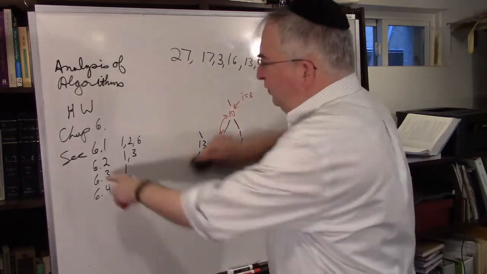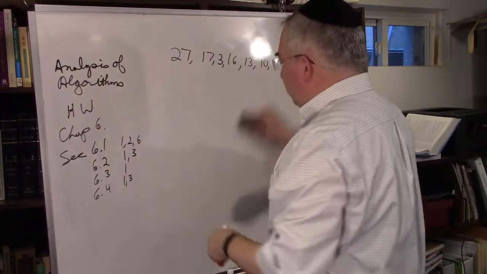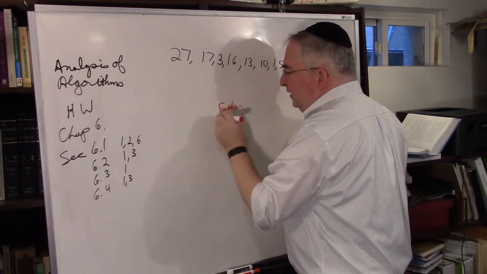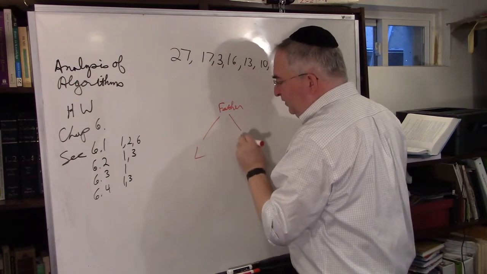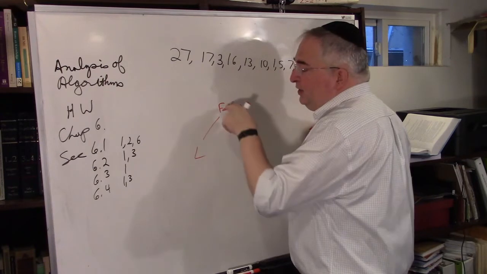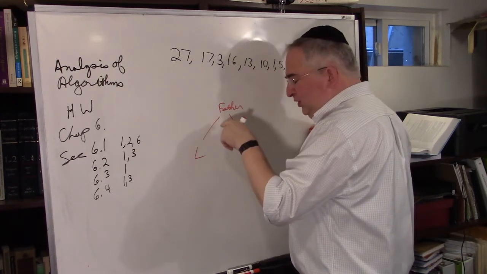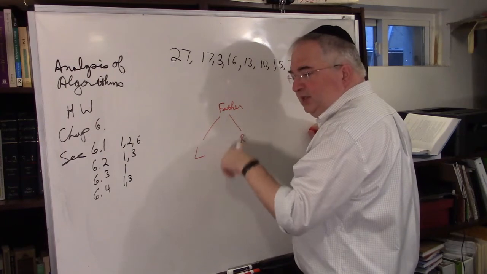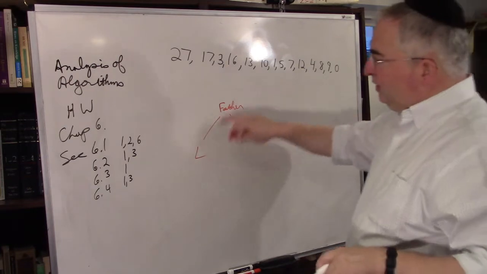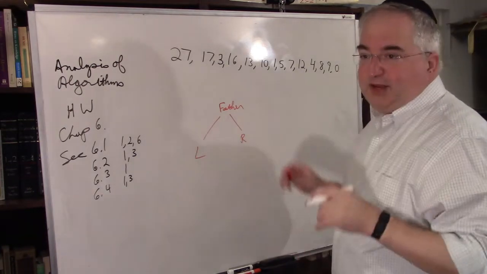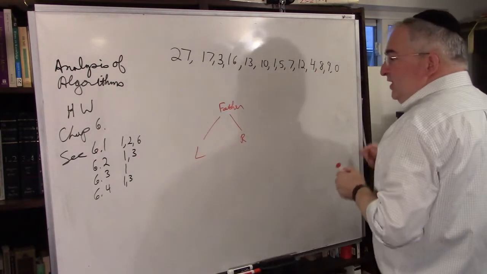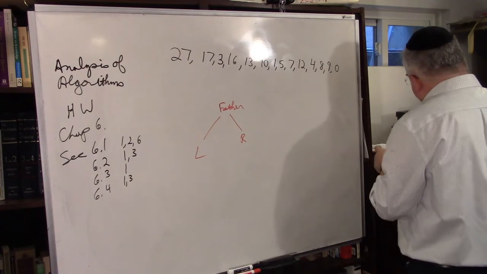So basically you have the father and two children, left and right, and if he's the largest, then you don't switch, and it doesn't call its children. It doesn't go recursively. As soon as the father is larger than the left son and the right son, it stops right there and doesn't do anything. That answers number 3.